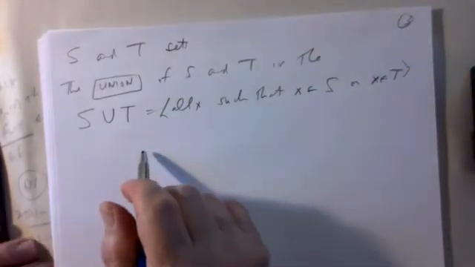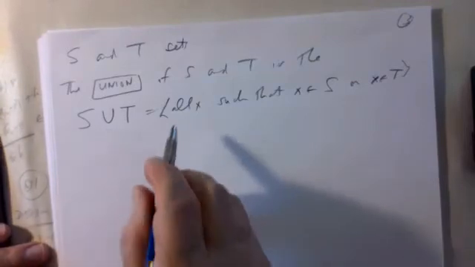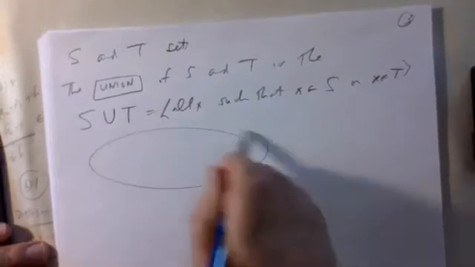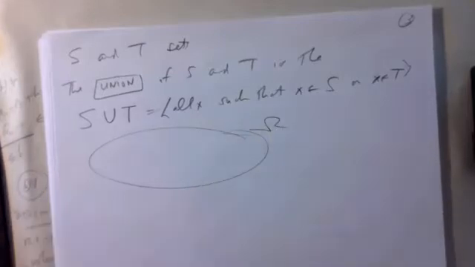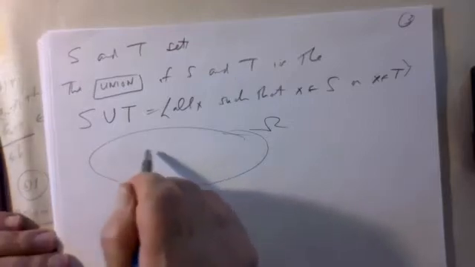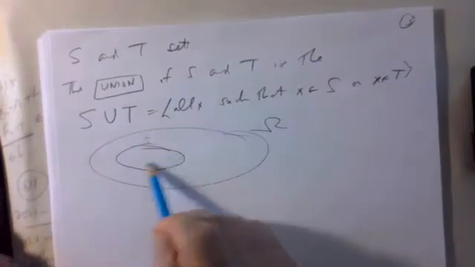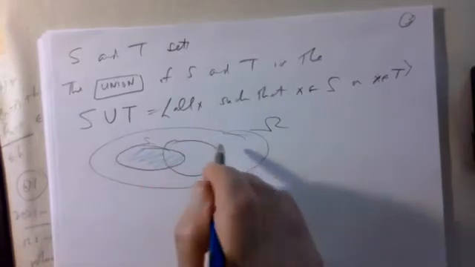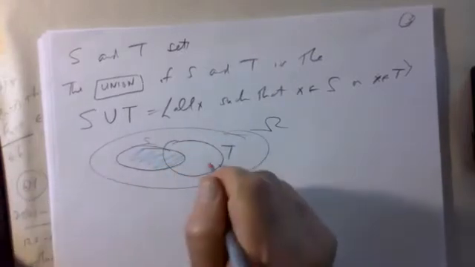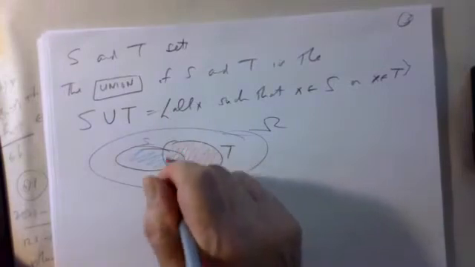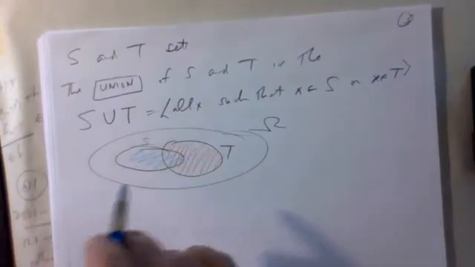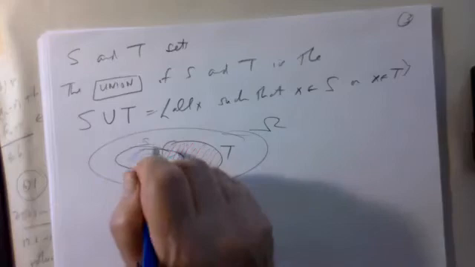So the Venn diagram, the picture of the union, is as follows. Suppose we have some universe, like for example, if we're looking at sets of numbers, this could be the set of all numbers. And here we have a set S, and here we have a set T. And the union is everything which is in either S or T or both.